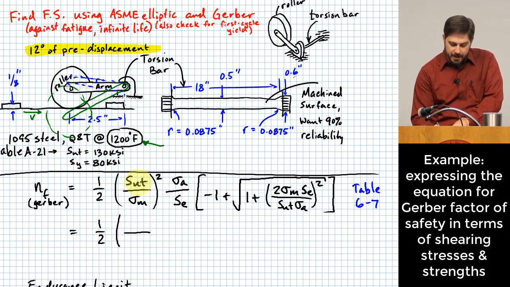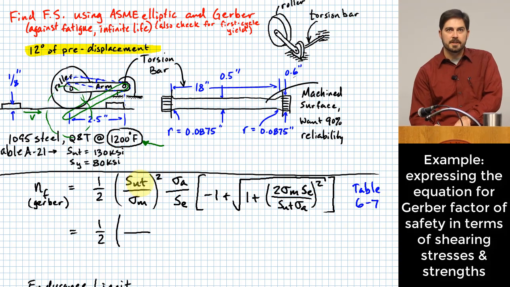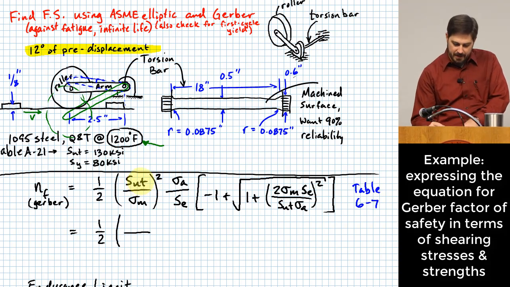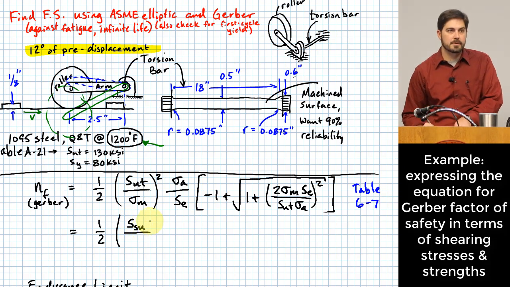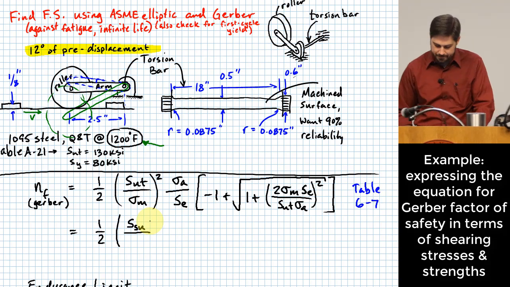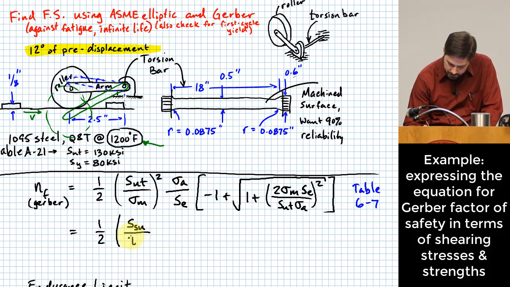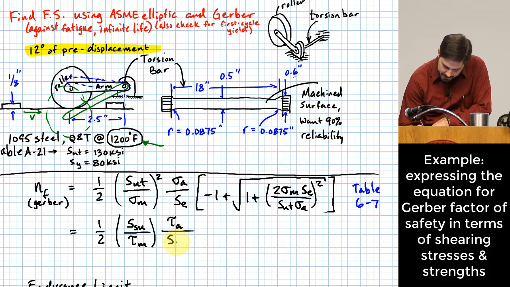an ultimate strength in shear, not an ultimate strength in a normal orientation for the numerator of this first piece. Let's give that a name. Okay, they actually call that in the book S sub SU. This is an ultimate strength in a shearing orientation over tau sub m. Up here we're going to have tau sub A over S sub SE.